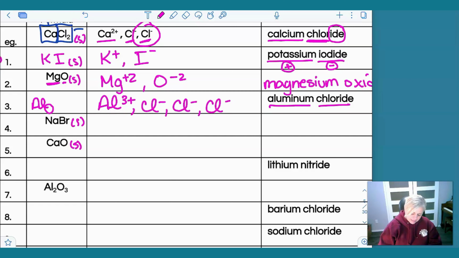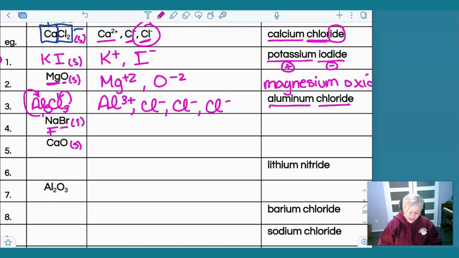I leave it. Then I write chlorine, a C with a little l, and because there are 3 of them, I'm going to write a lower subscript number 3. So that indicates that there are 3 chlorine, and because there's no number here, we just assume there's 1 aluminum, and that makes sense.